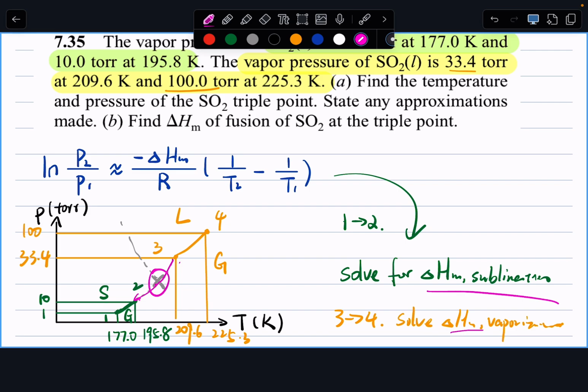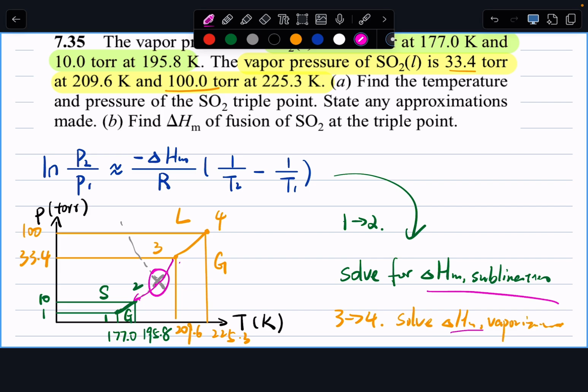What we have is the logarithm of P2 over P1 equals the negative molar enthalpy of sublimation over the gas constant, times 1 over T2 minus 1 over T1. In this case, P2, T2 and P1, T1 are known. We just plug in the numbers here.